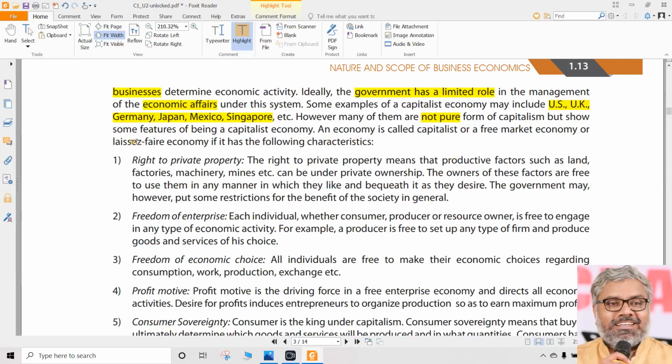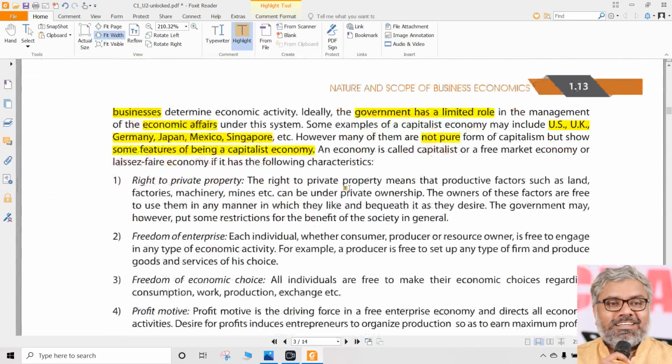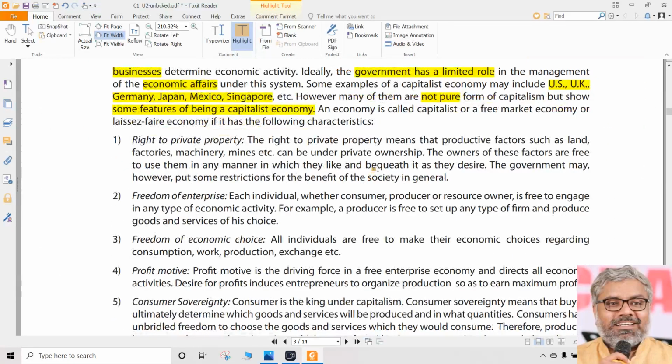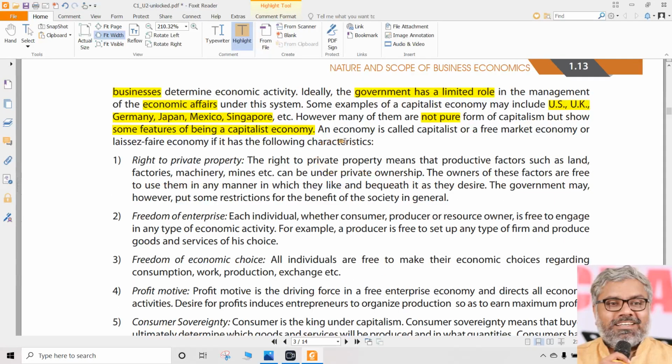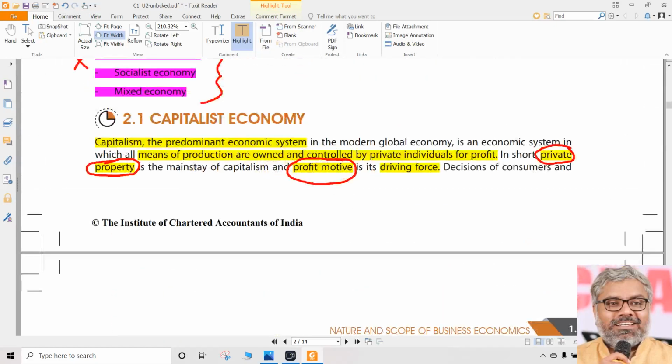Yes, they show some features of a capitalist economy and are a little more inclined towards it. No doubt, they have private property and profit motive as their driving force. If that is the only criterion, most of the countries in the current world are capitalist, because most of them fundamentally have these two things in their production and distribution system of economy.